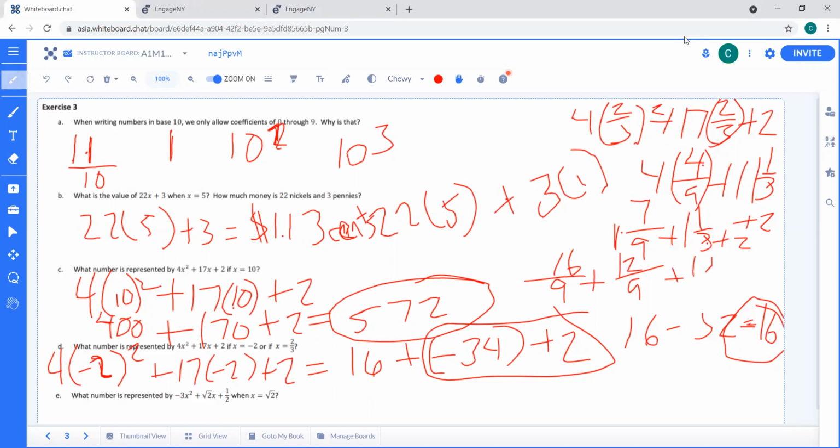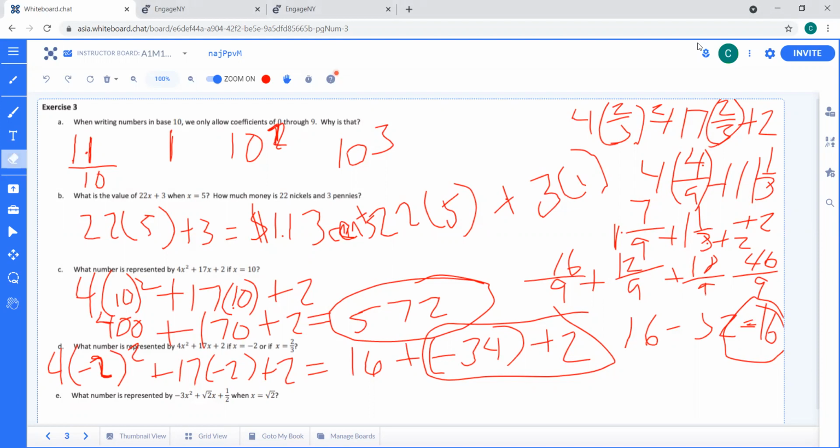So that would be 18 over 9. So there's 30, there's 46 over 9. That's not right. Let me see here. Okay, so I messed up through here.